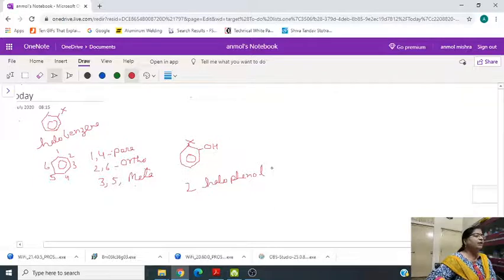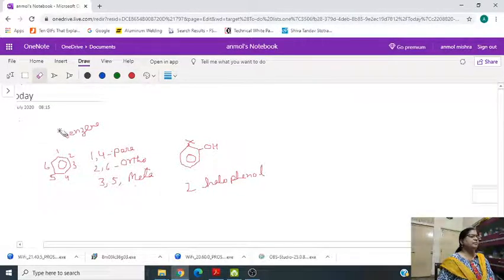Now, we know that halogen atoms are electronegative in nature. So, when they are attached to the alkane group, then the bond gets polarized.